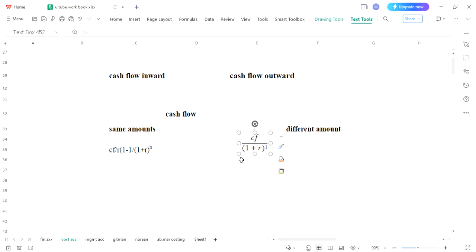After this, we will have our second installment or second cash flow. For that, we will use a plus sign. Why has the size been changed? Let's make an appropriate size.